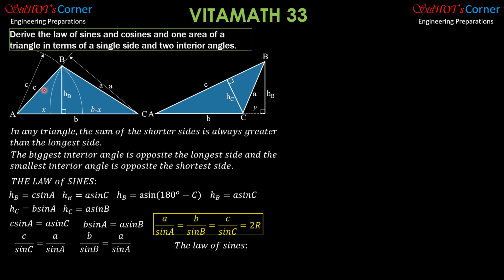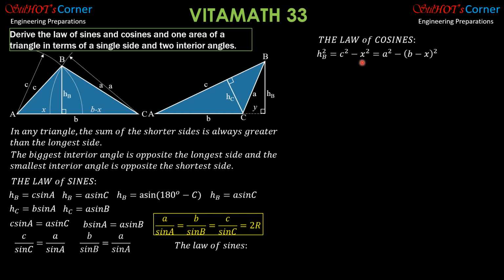So let's have this triangle first. hb squared equals c squared minus x squared, and hb squared is also a squared minus quantity b minus x squared. So hb squared equals c squared minus x squared, and it is also a squared minus quantity b minus x squared.